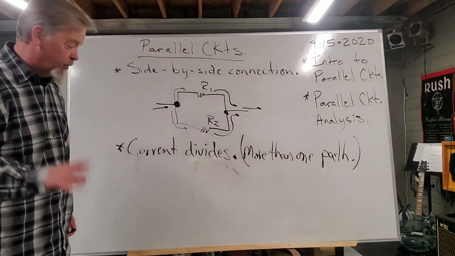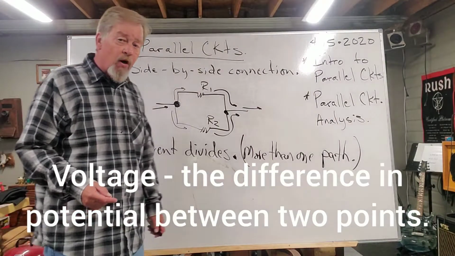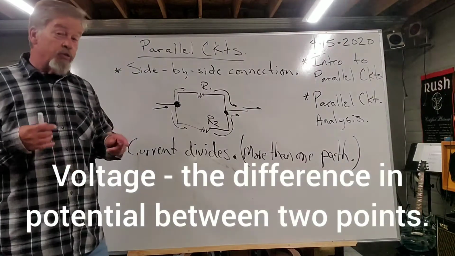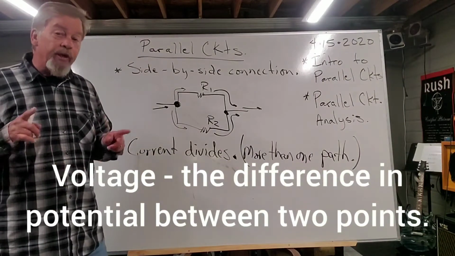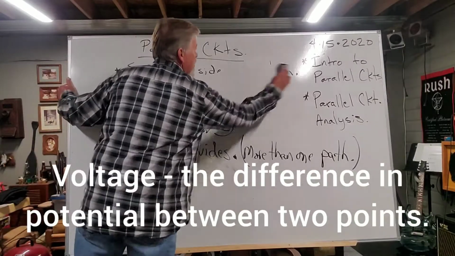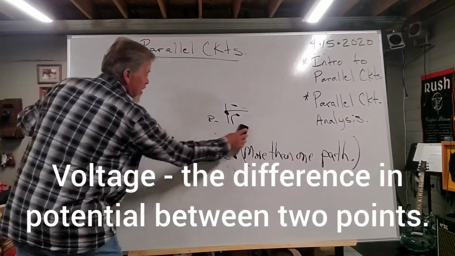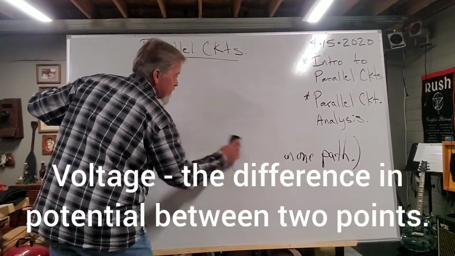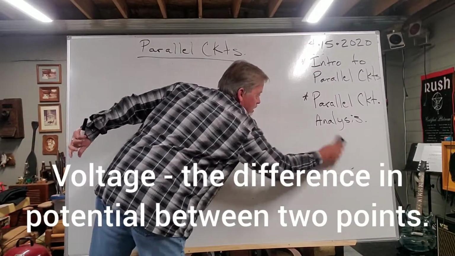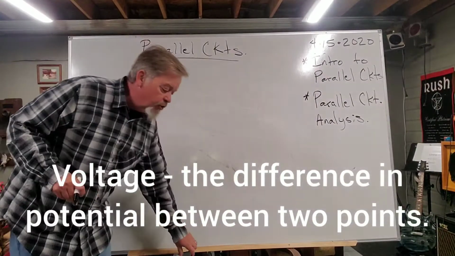Well, how about voltage? Well, again, we got to remind ourselves what voltage is. Now, voltage is the difference in potential between 2 points. So voltage is the difference between 2 points.